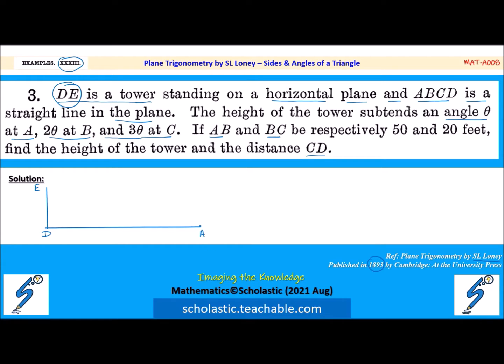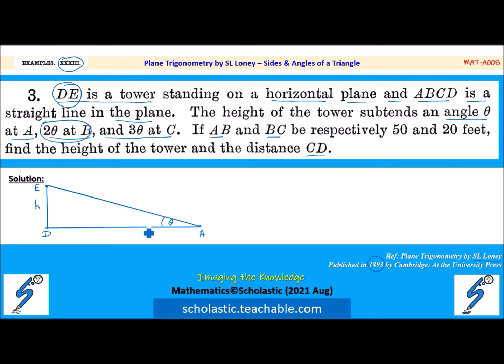So first they say the height of the tower, let's take it as H, subtends an angle theta at A. So that means theta is the angle that subtends when you look from point A. And we walk forward towards the tower. Then at B, the angle is 2 theta.